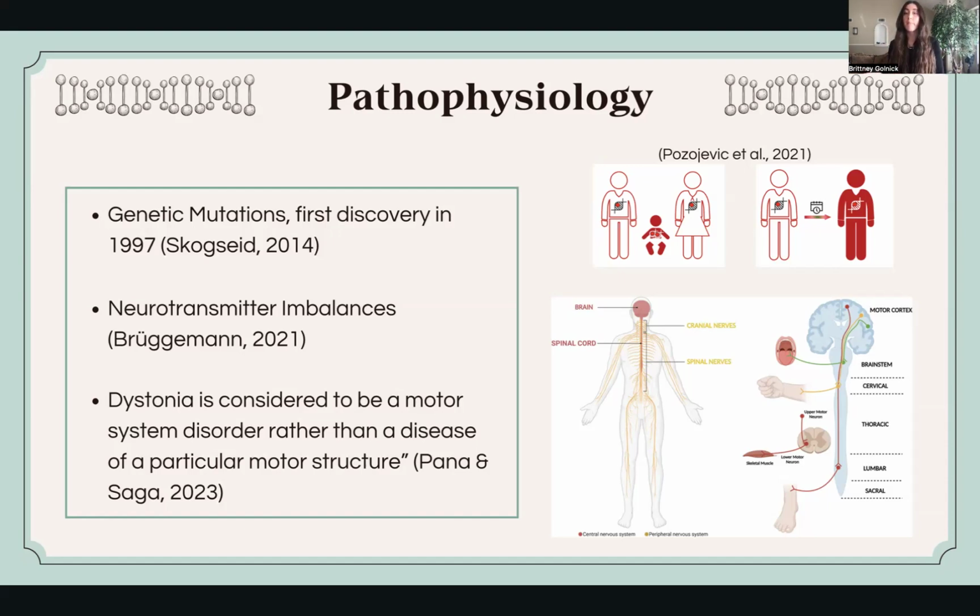However, more research has come out where they believe that not only the basal ganglia, the cerebellum, the motor cortex, but also the spinal cord, the nerves, the sensory, I can't think of the word, proprioception, muscle spindle, all of those are really affected in dystonia. They don't have a specific known cause, but more research is coming out to understand where the problem is in the motor structure or where this is coming from.